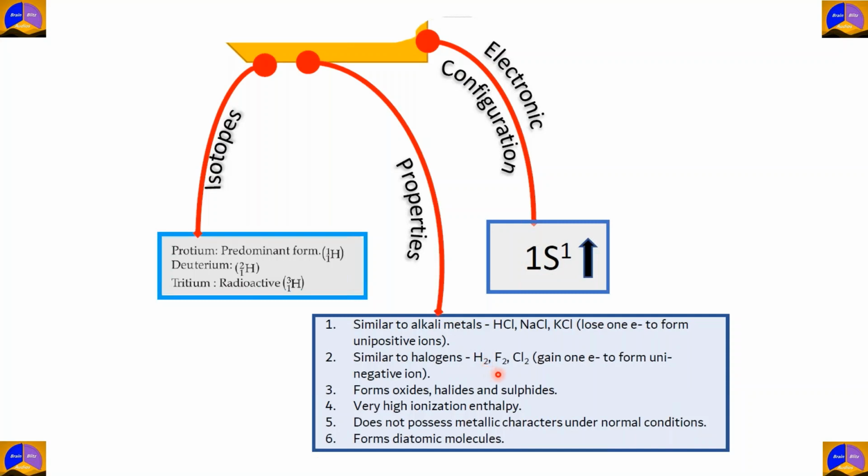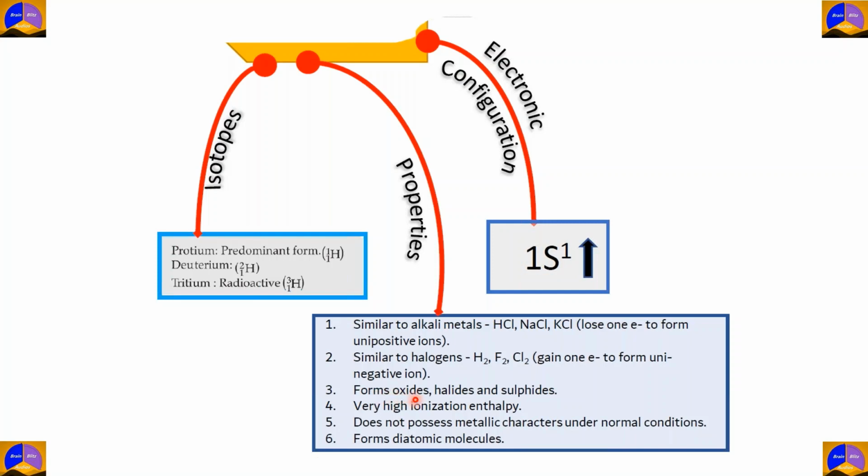So with that respect, it can form H- ions the same way that fluorine forms F- and chlorine forms Cl- ions. The third thing here says that hydrogen forms oxides, halides, and sulfides.